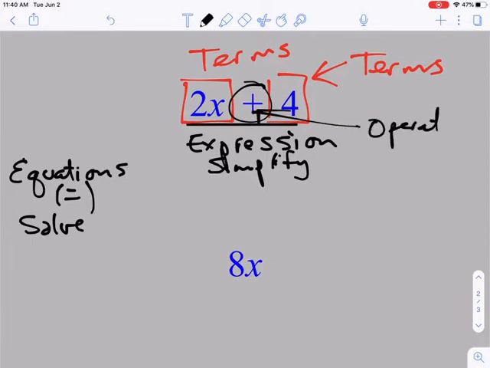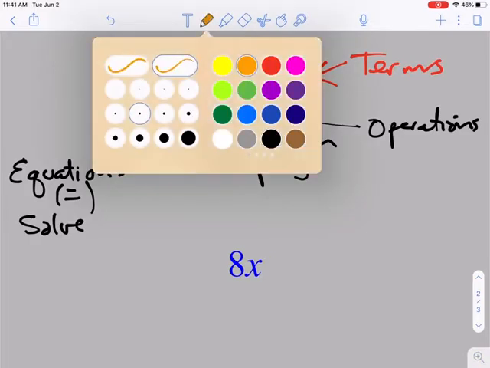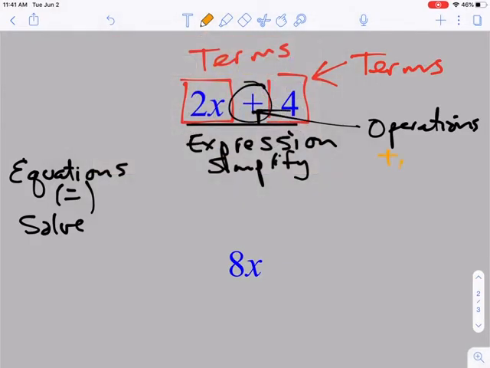And you have your 4 main operations: plus, minus, multiplication, and division. So those are the 4 main operations that we deal with. And then we'll talk later about parentheses and exponents and all that. But the 4 main operations are those.